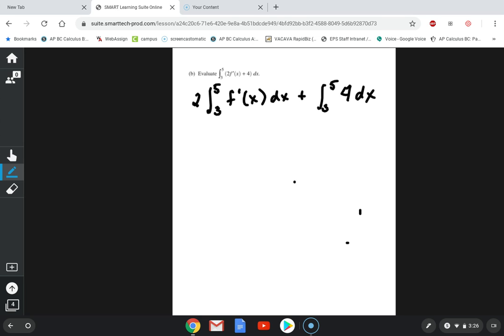And I'm going to be using the diagram. When I look back at the picture in part A, from 3 to 5, I am going to have a rectangle that is 2 across and 4 deep. So from 3 to 5 is 2, and the height is 4.